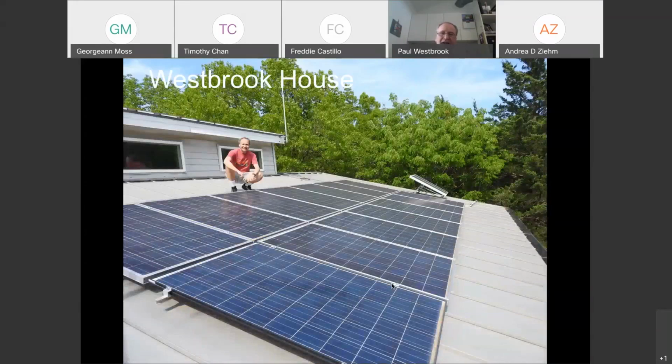So I have a zero roof penetration installation. I actually ran the conduit right over the edge here, down the side of the wall, and my outdoor electric panel is on that side of the house. So I have no holes in my roof. So a metal roof was a great choice 24 years ago when I put the system on.